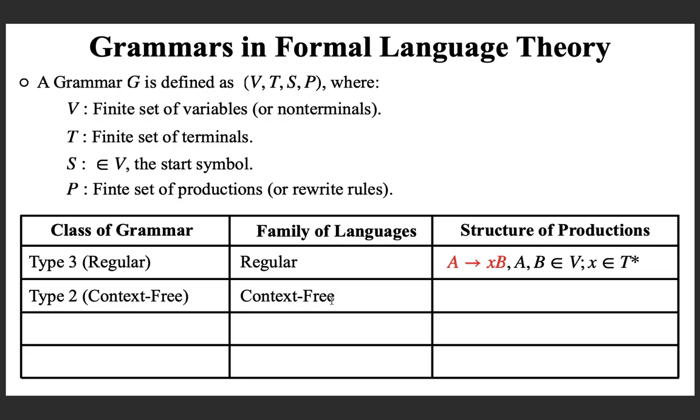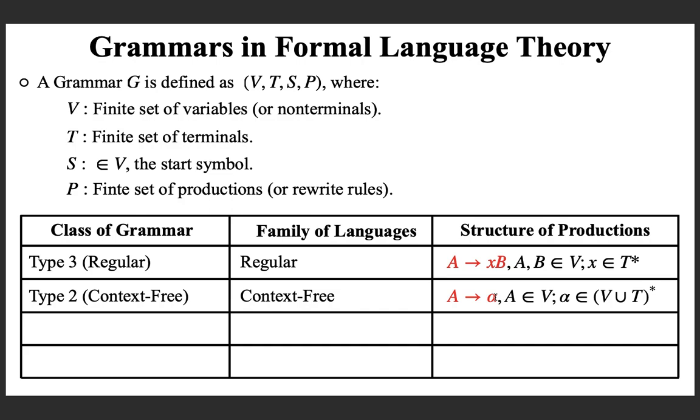If you recall the structure of a production in a context free grammar, it is a variable in the LHS, and in the RHS any string of variables or terminals. So the RHS could be any string, and the LHS is still restricted to a variable. So now you can see that there is no more relaxation that you can give for an RHS, which is already given in a context free grammar.